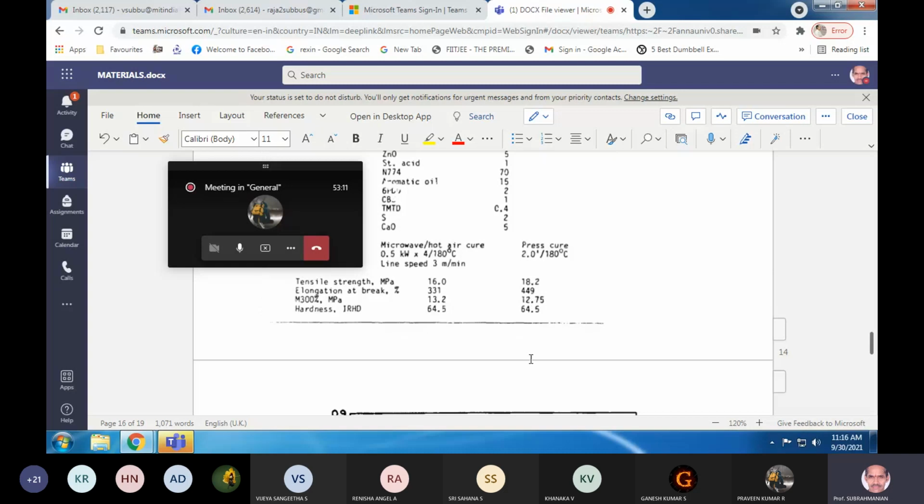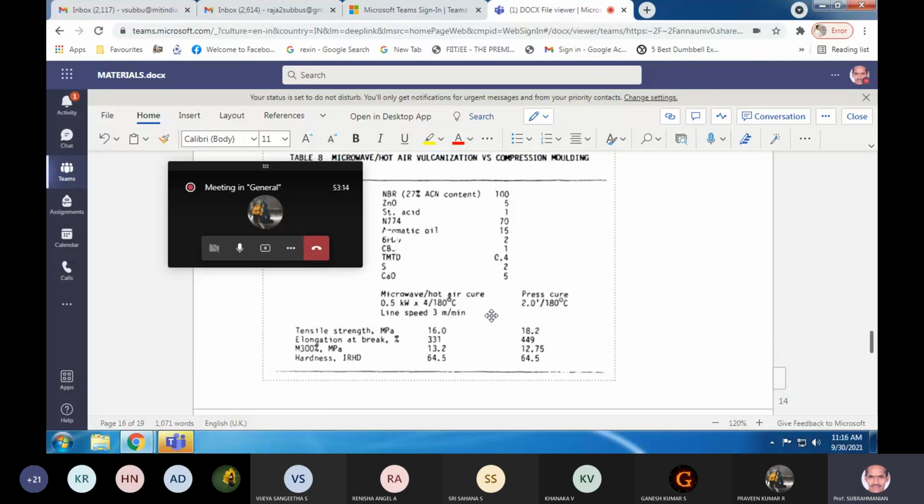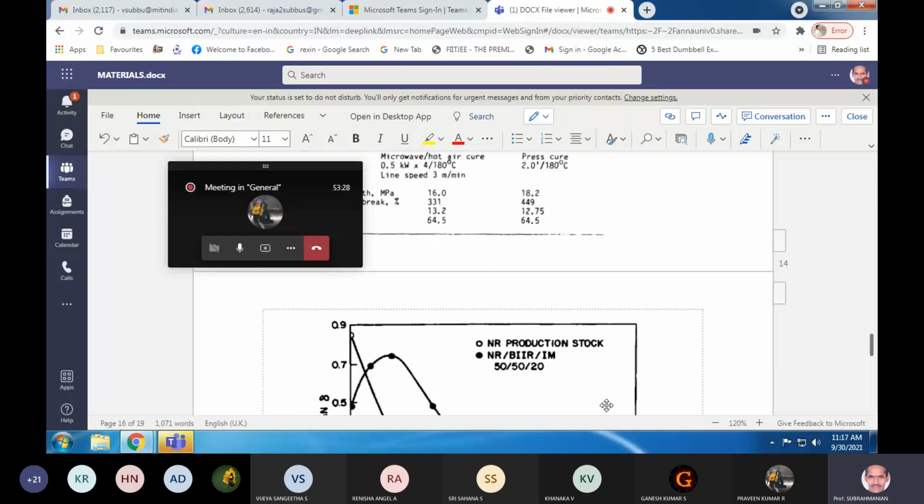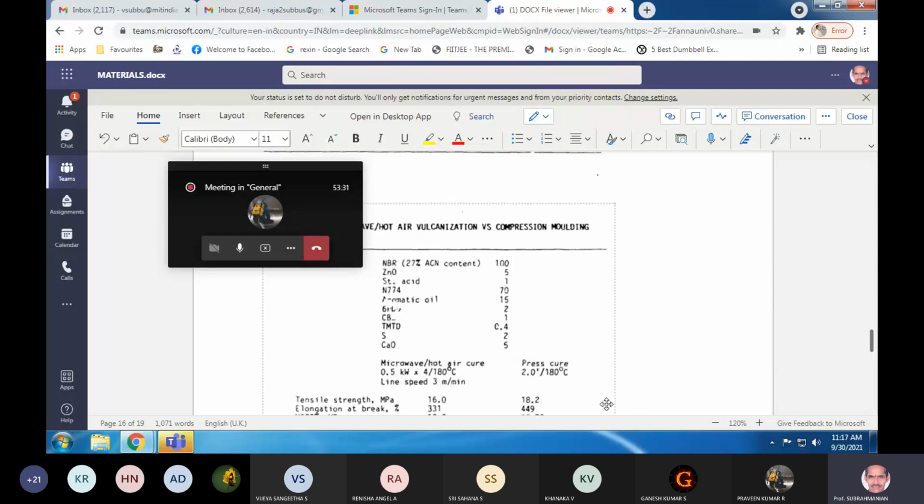What is the hardness? 65. 65 hardness nitrile rubber from an SRF of 70 parts. 70 parts. Right. So that is about the rubber compounding for microwave medium and the choice of additive, etc.